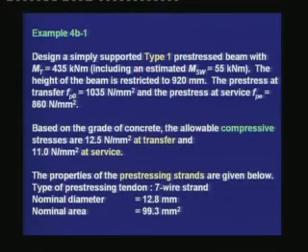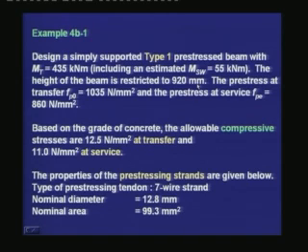Next, let us understand this design process with the help of an example. Design a simply supported type 1 prestressed beam with M_T equal to 435 kilonewton meters, which includes an estimated M_sw equal to 55 kilonewton meters. The height of the beam is restricted to 920 millimeters.